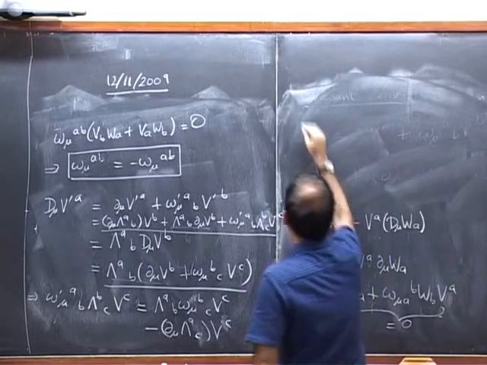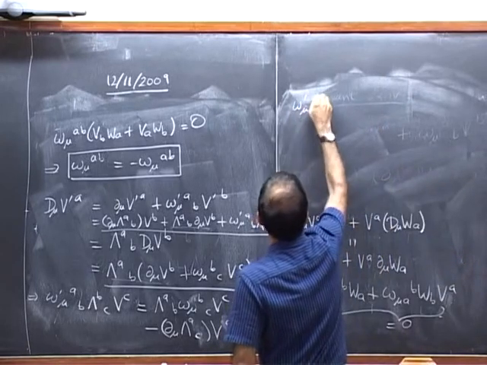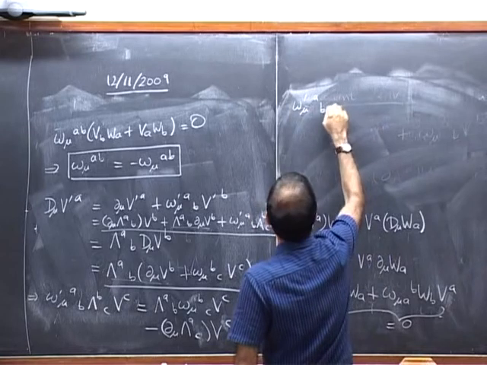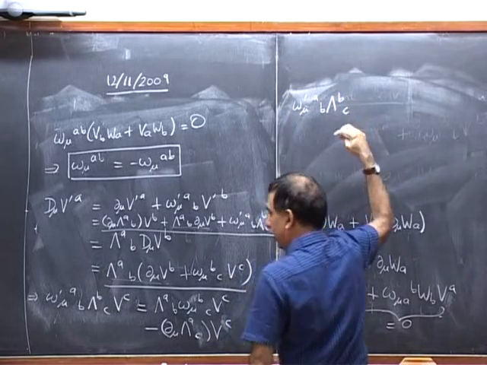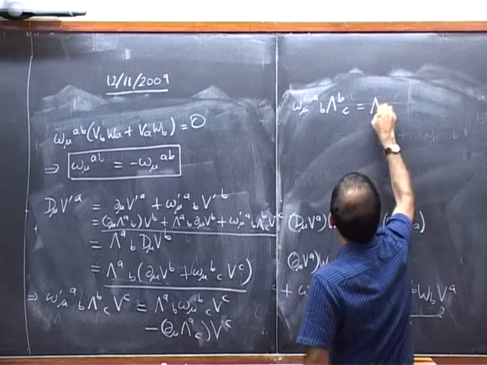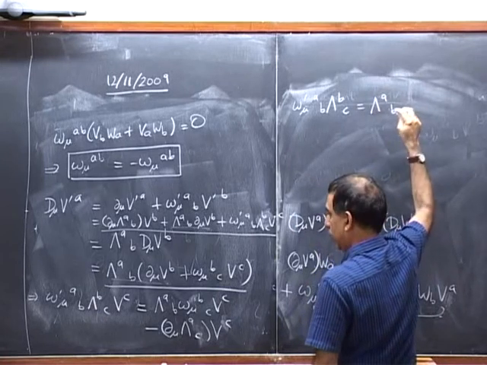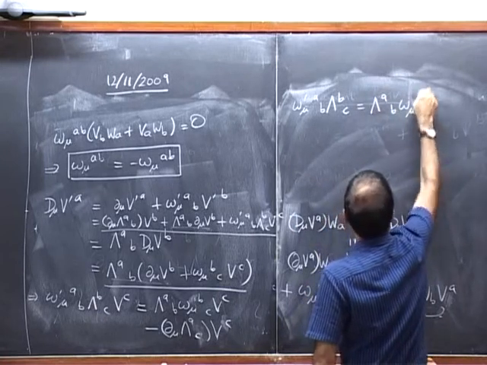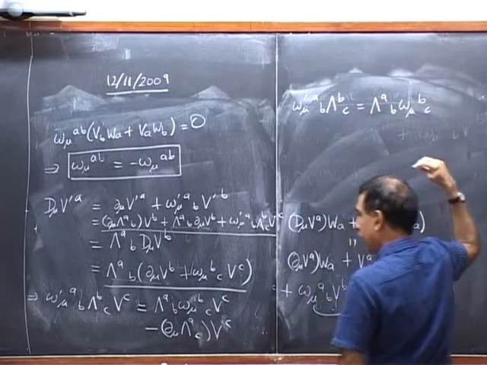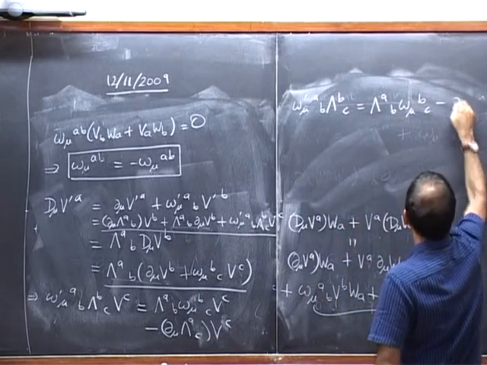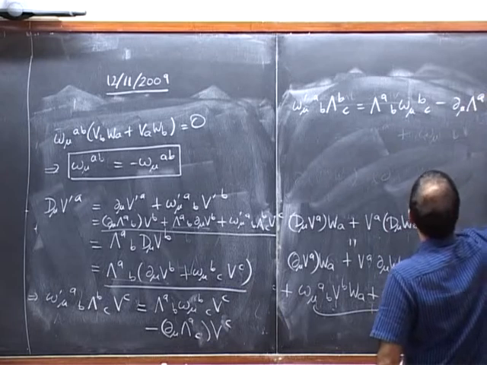So we learn that omega prime mu a b lambda b c is equal to lambda a b omega mu b c minus d mu lambda a c.